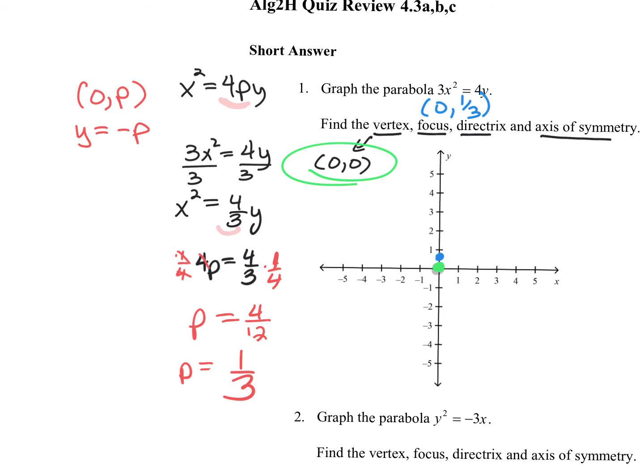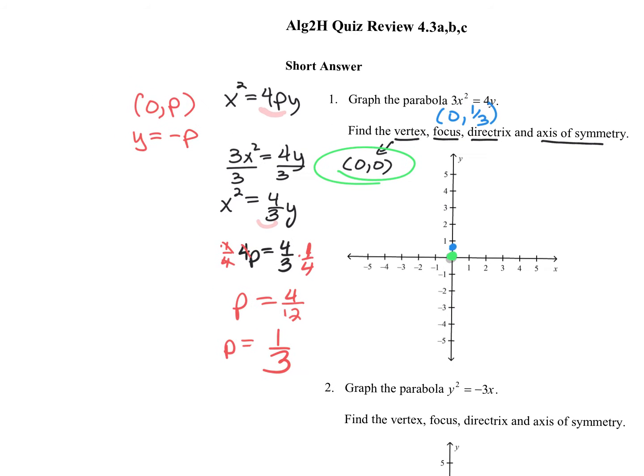And then for the directrix, it's this equation, opposite of p. So my directrix equation is going to be y equals -1/3. So if I come down here, here is my directrix. And then from now I can go ahead and graph my parabola.